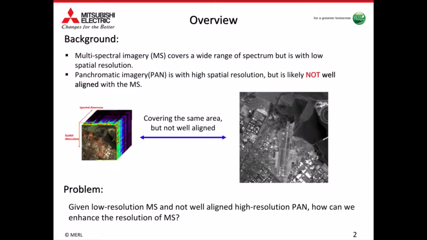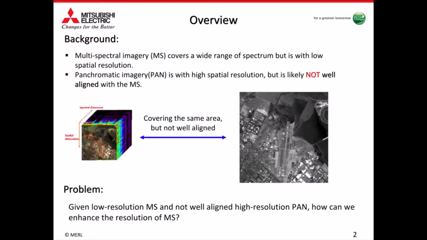Pan-sharpening is a task that aims to enhance the spatial resolution of multi-spectral imagery guided by the high spatial resolution panchromatic imagery. Since multispectral imagery and panchromatic imagery overlap in the electromagnetic spectrum, they are usually captured by two optical systems.